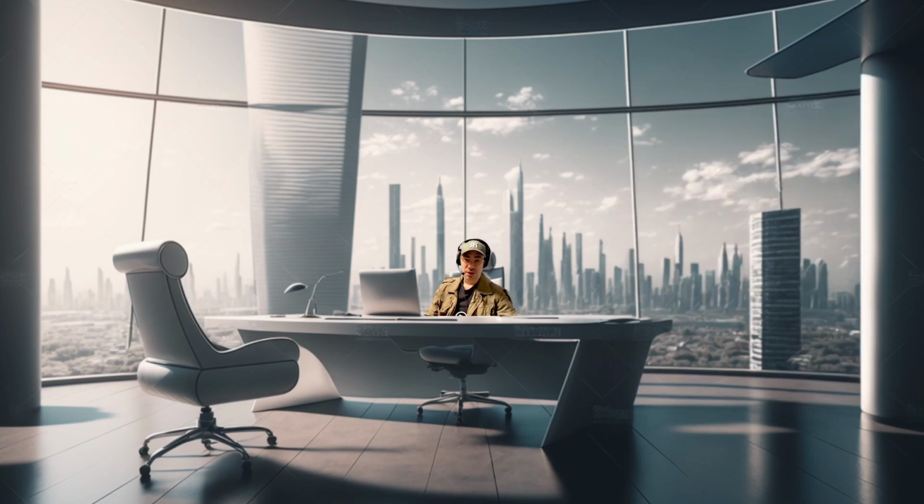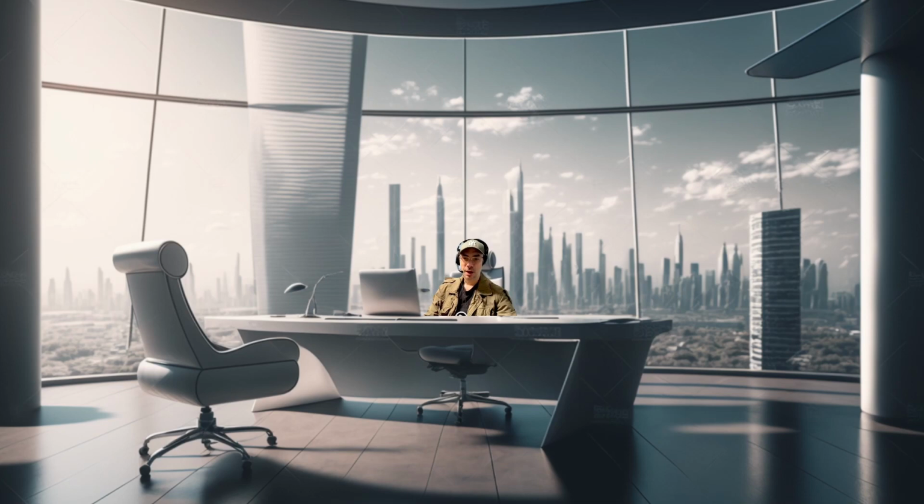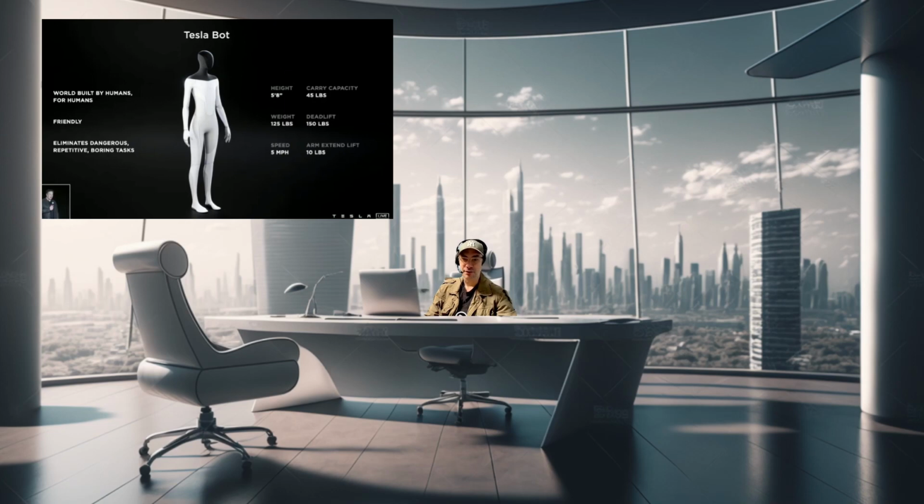On the other hand, some jobs that are not affected at all would be dishwashers and meat and poultry cutters, salters, and so forth, because these jobs are actually going to require a lot of physical labor. But those jobs would also be at risk at one point once the field of robotics is developed enough and cheap enough to replace those jobs.